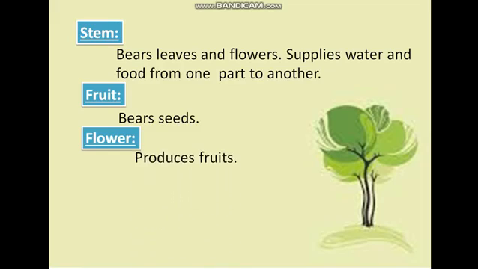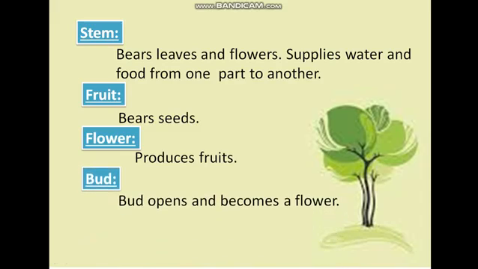What is the function of that part? That is a flower. It produces fruits. It means the flower becomes fruit. Wow, good. Bud. What is the function of a bud? A bud opens and becomes a flower. So it means we get the flowers from the buds.